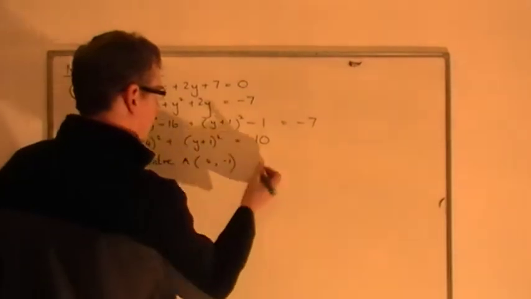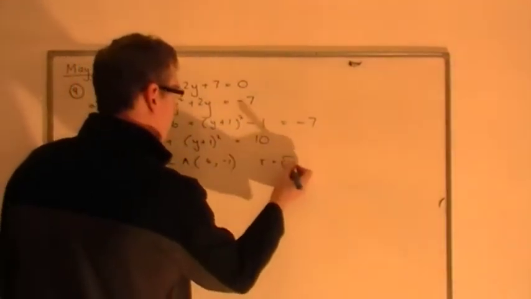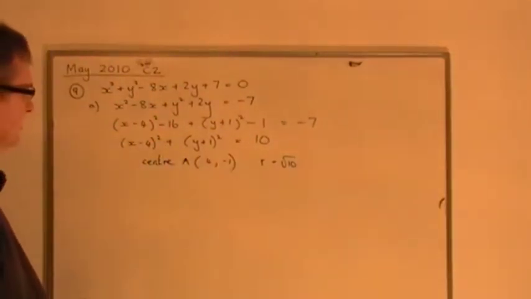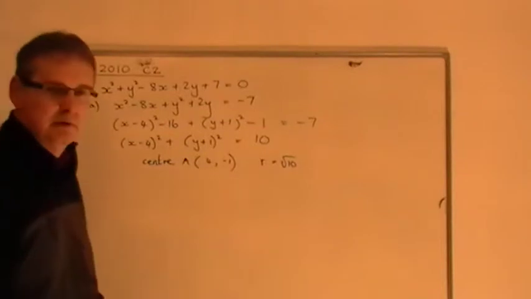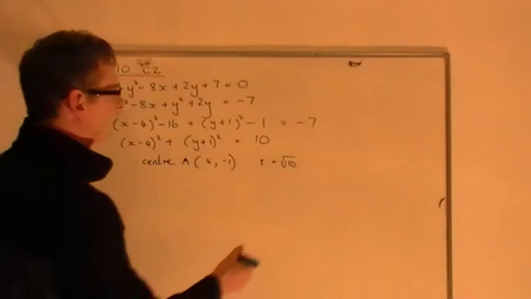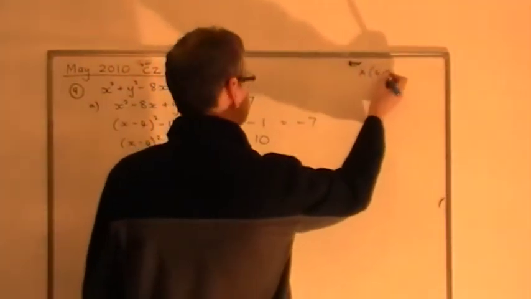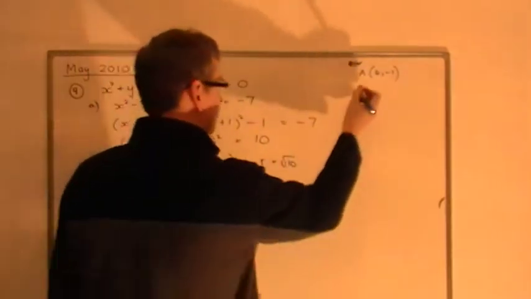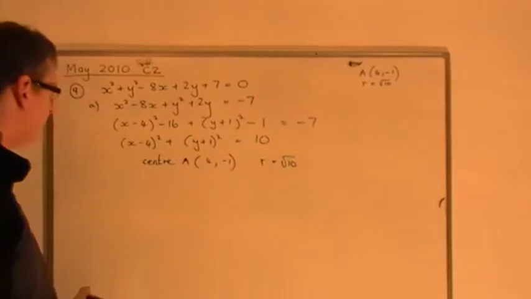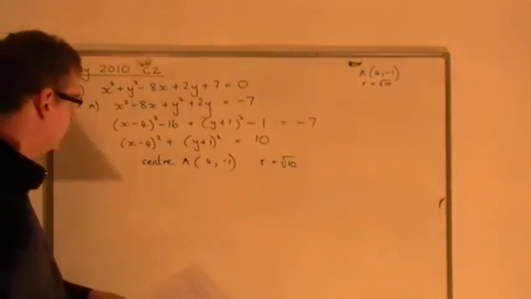If it's 10 on the right hand side, well, that value there is r squared, so r must equal root 10. So there you go, we get the centre of the circle is 4 comma minus 1 and the radius is root 10. I think just for reference sake I'll make a note of those at the side of the page in case I rub these out and use them later. Okay, so there's the centre and the radius. Part A, 3 marks done.